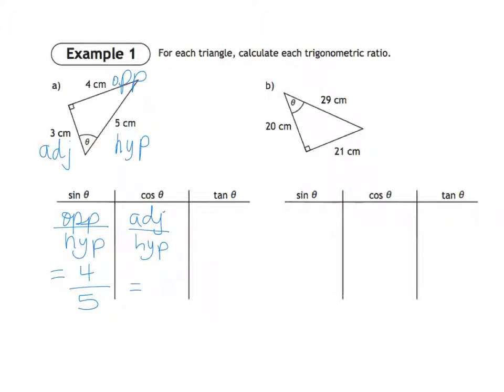So it's just equal to, anybody know? Three over 5. Because the adjacent side, we said, is the 3, the hypotenuse, which is 5. And then tangent is opposite over adjacent. So opposite is 4 and adjacent is 3, so the tangent is 4/3.